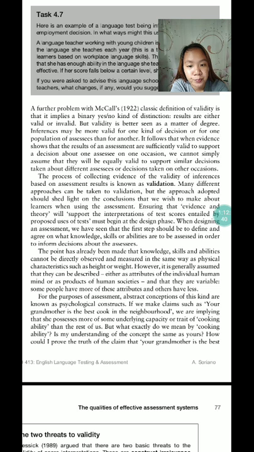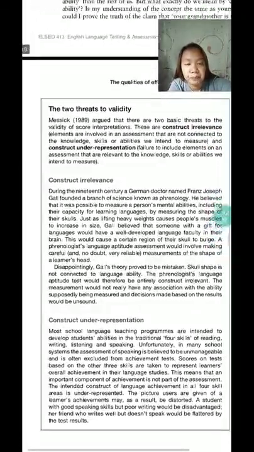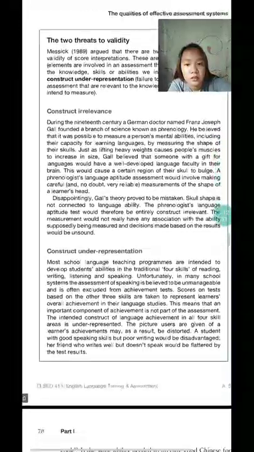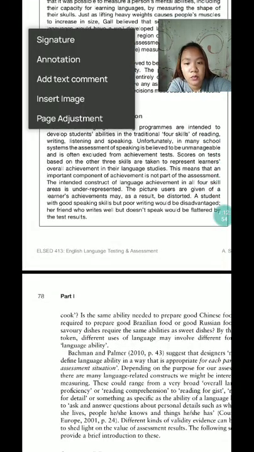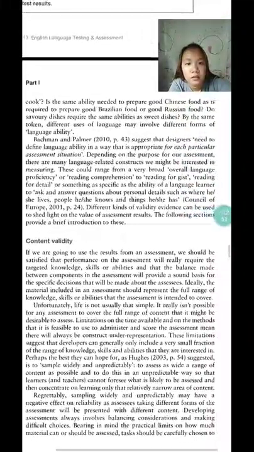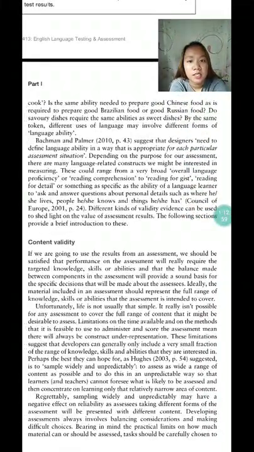How could I prove the truth of the claim that your grandmother is the best cook? Is the same ability needed to prepare good Chinese food as is required to prepare good Brazilian food or good Russian food? Do savory dishes require the same abilities as sweet dishes?